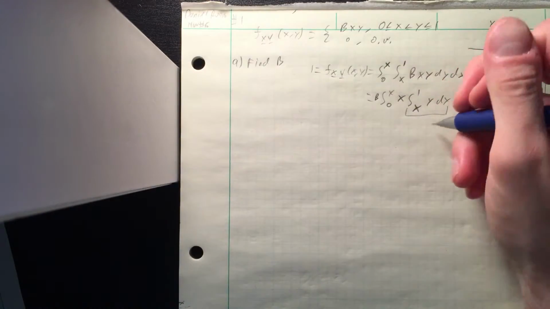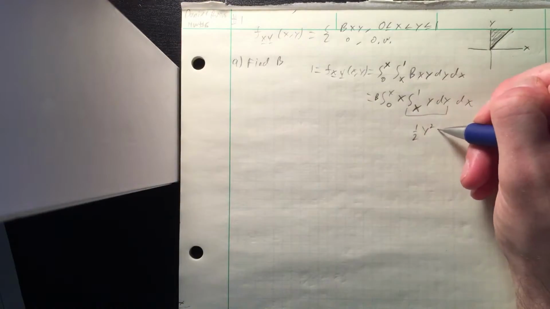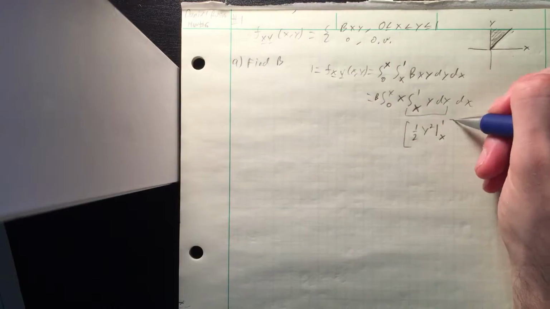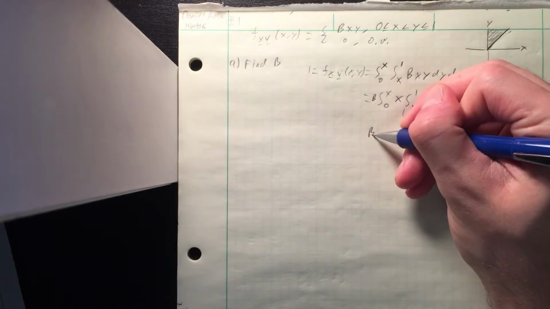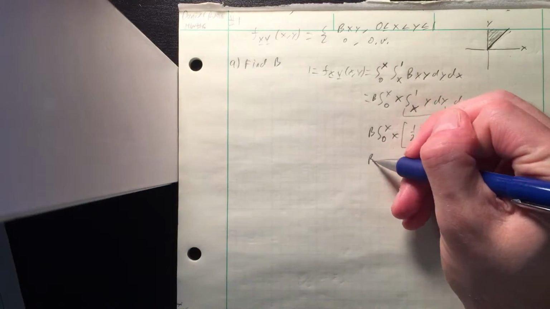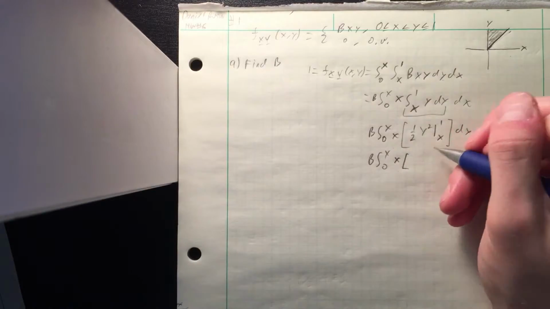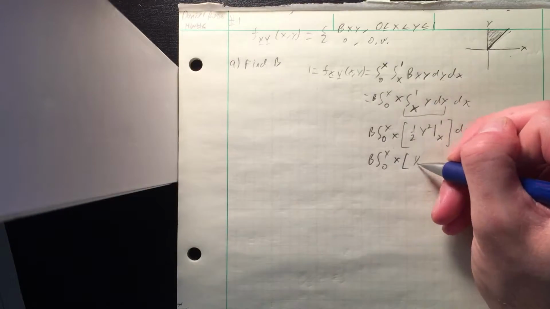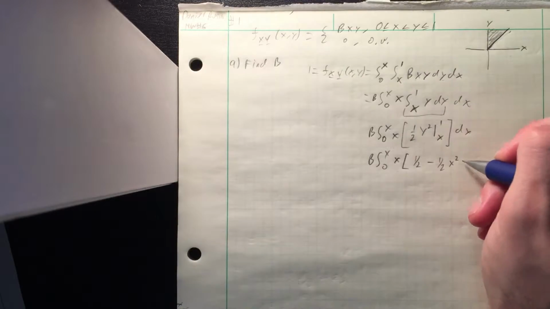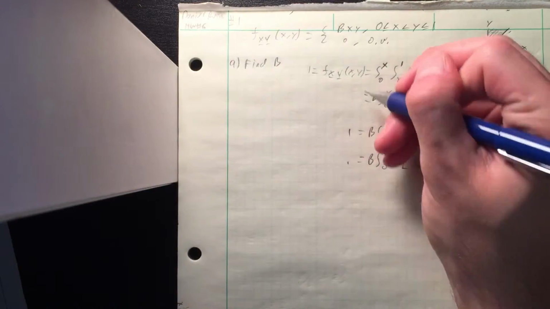So this will be the integral of y, which is y squared over 2, from x to 1, dx. So the integral from 0 to 1 of b x multiplied by 1/2 minus 1/2 x squared dx is still equal to 1.